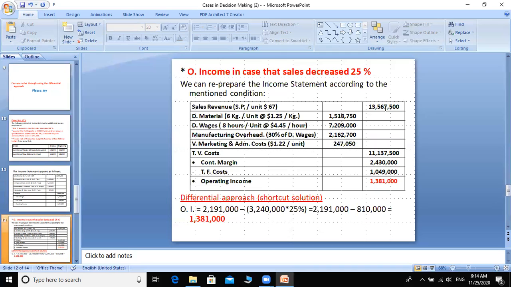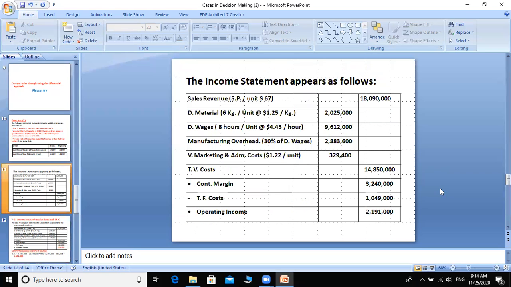So deducting the new variable cost from the new sales gives the new contribution margin. Deduct the same fixed cost, because we have to pay fixed cost whether we produce at 100% of capacity, 75% of capacity, or even zero capacity. The new operating income is 1381 instead of 2191.